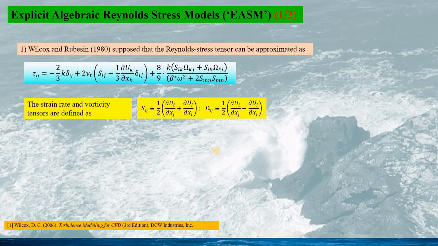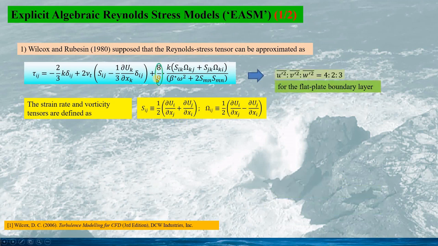In 1980, Wilcox and Rubesin proposed a Reynolds stress tensor expressed in a form as this. Here, Sij is the strain rate tensor and capital omega ij is the vorticity tensor.